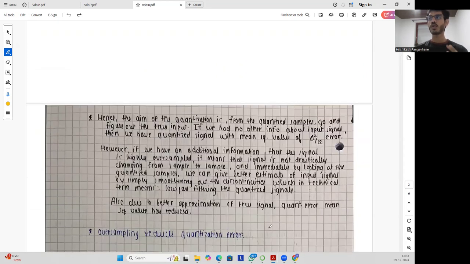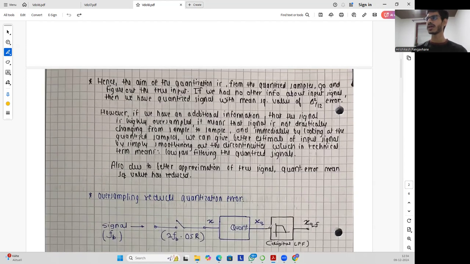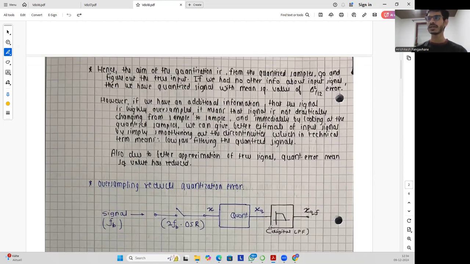Hence, the aim of quantization is, from the quantized samples, to figure out the true input. If we had no other information about the input signal, then we would have quantized the signal with a mean squared error of delta square by 12, and that was the end of the story. However, we have additional information that the input signal is a sequence which is highly oversampled.